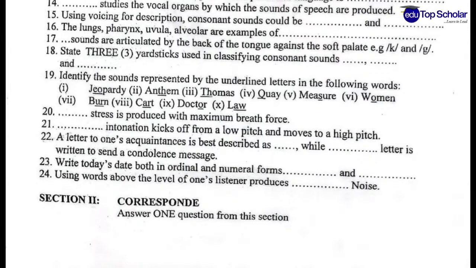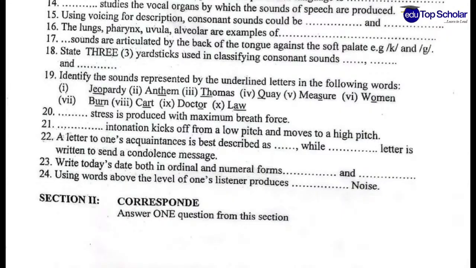Number 22. A letter to one's acquaintance is best described as dash, while dash letter is written to send a condolence message. For letter writing, there are two major types of letters. I have told you we don't have three types, we only have two. If a letter is not formal, then it is informal.